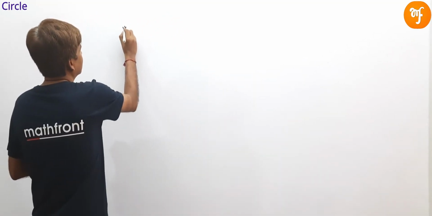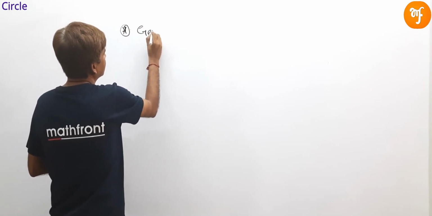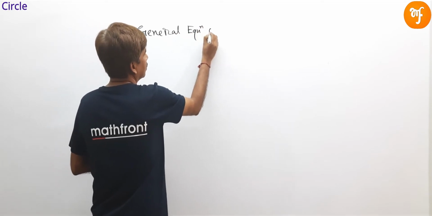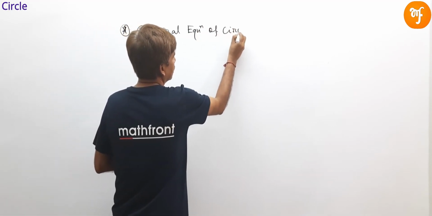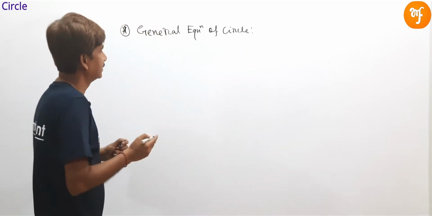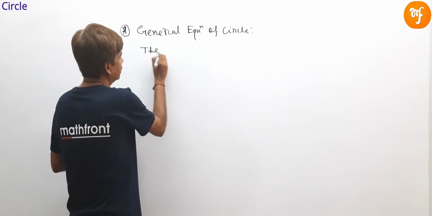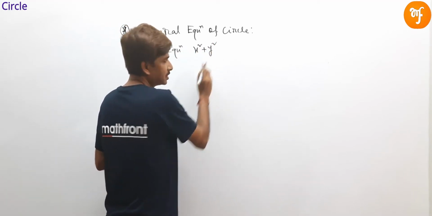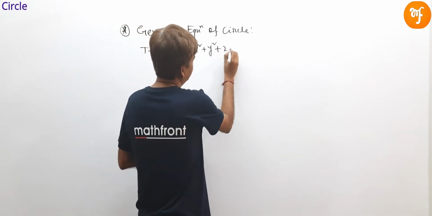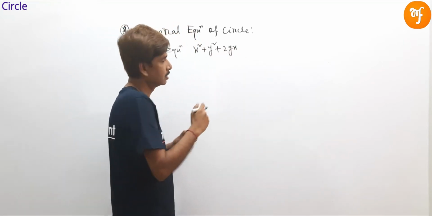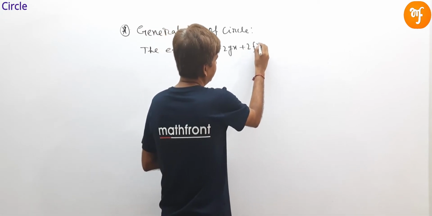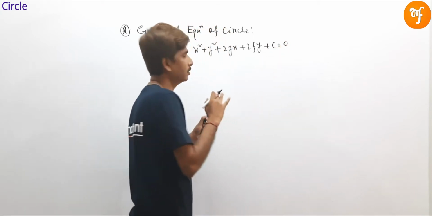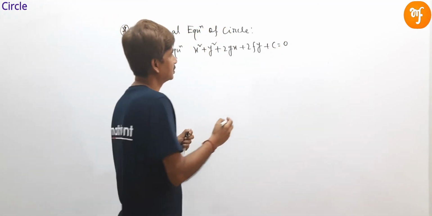So writing the general equation of circle: x square plus y square plus 2 into g into x plus 2 into f into y plus c is equal to 0 always represents a circle.